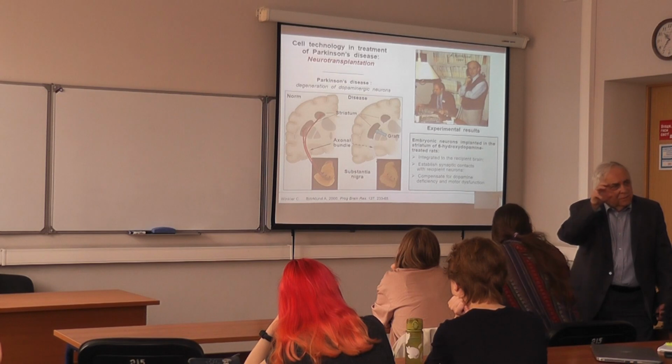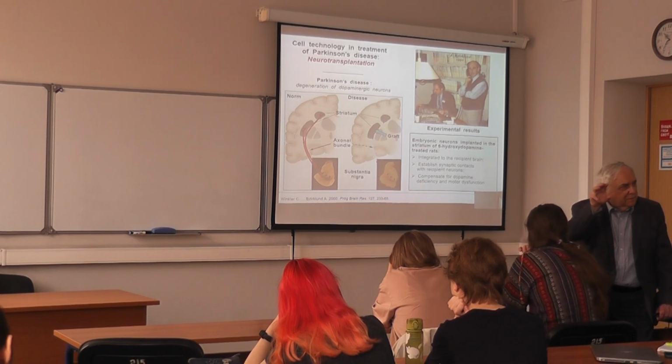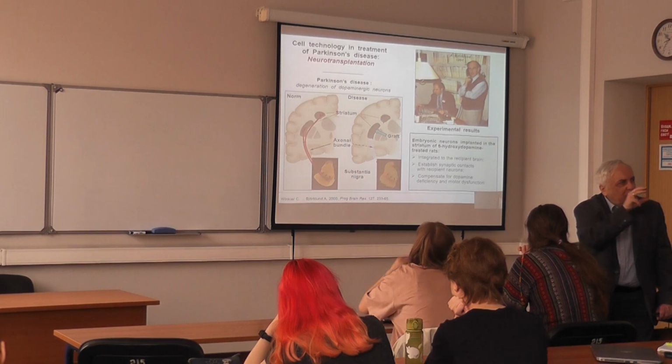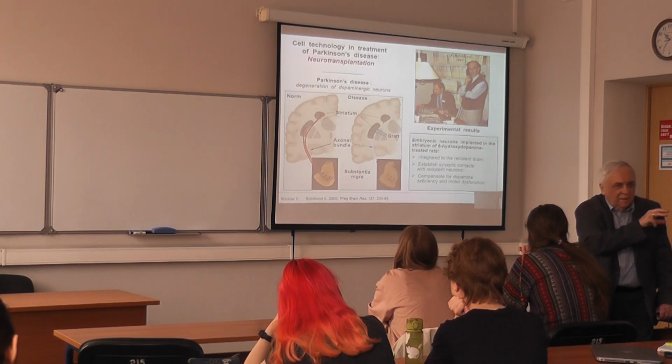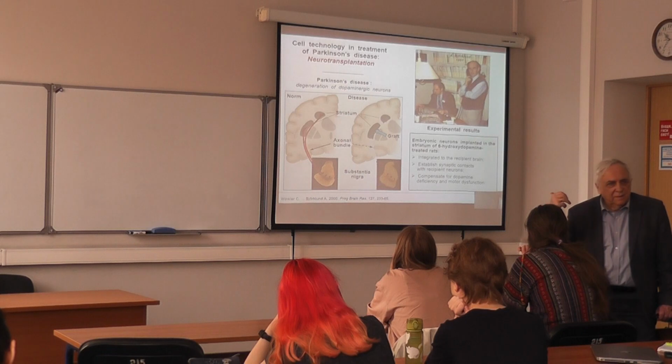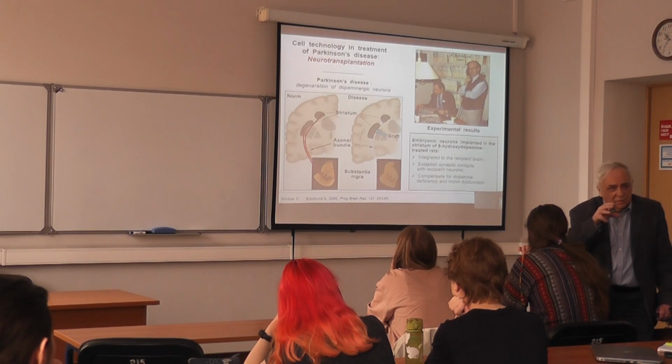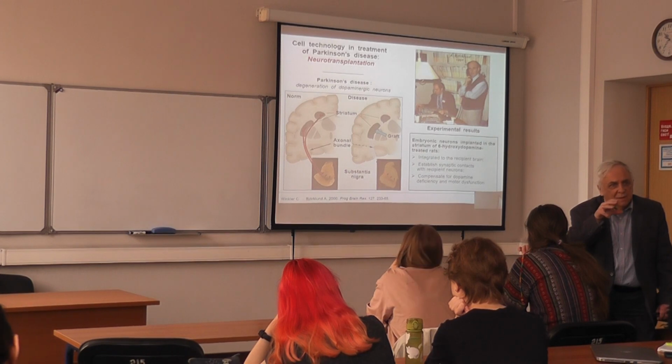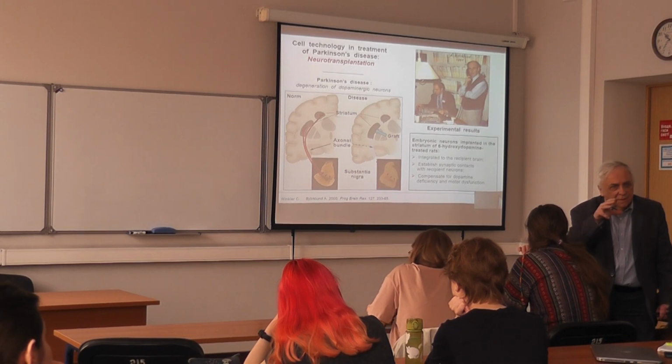But then he took healthy dopaminergic neurons from another animal and implanted these neurons into the brain with the destroyed dopaminergic neurons. And the movement behavior was completely improved in these Parkinsonian animals. Is this clear? Clear, yeah?